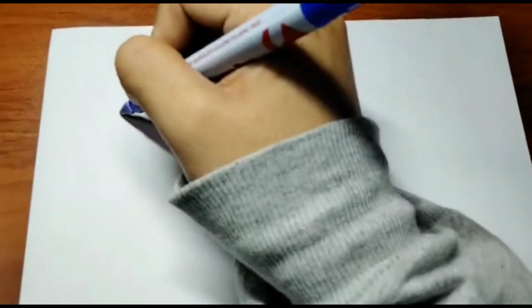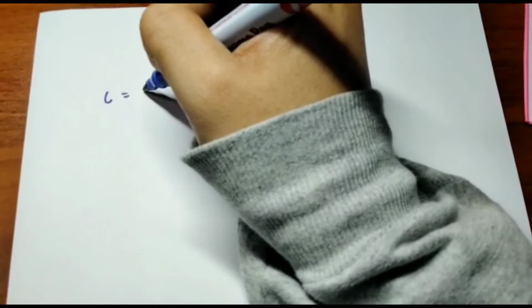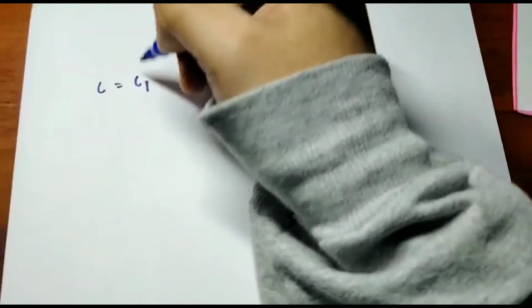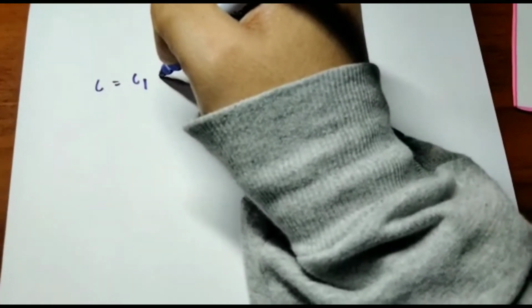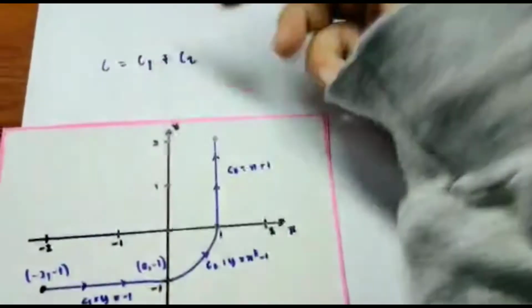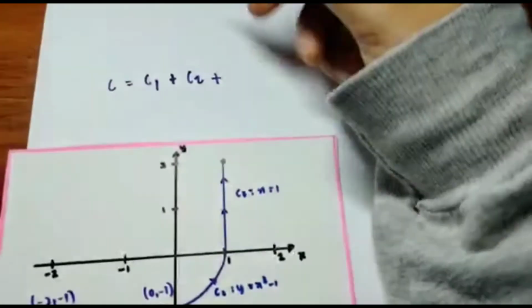First and foremost, what we do is break C equal to C1 plus the curve C2, and plus the line C3.